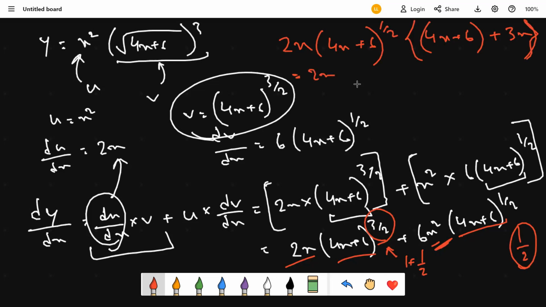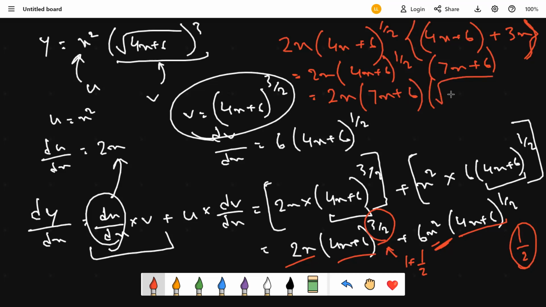So 2x, (4x + 6) to the power half, and over here 4x plus 3x, which is 7x plus 6. That means we have the expression 2x (7x + 6) times (4x + 6), writing that power of half as the root.